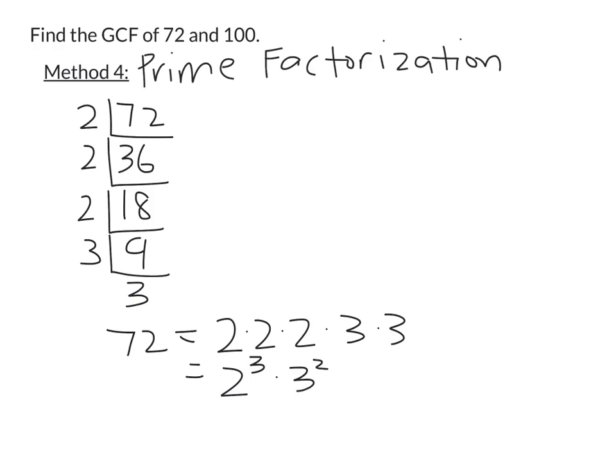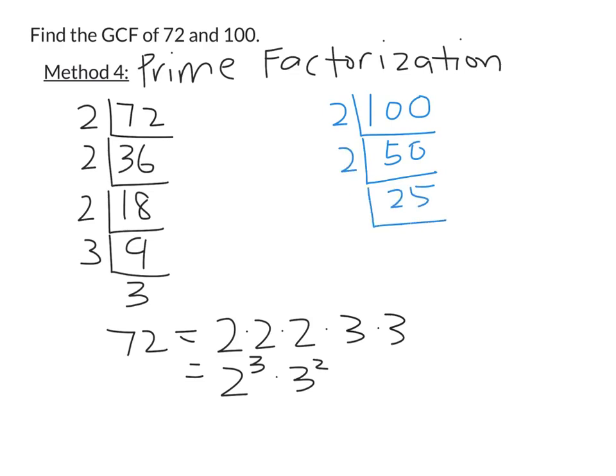And for 100, I will divide it by 2 to get 50, and I'll divide it by 2 again to get 25, divided by 5 to get 5.